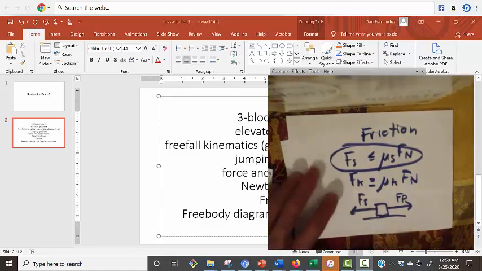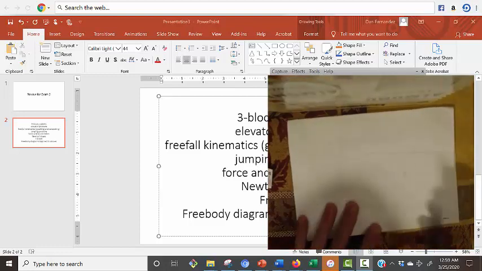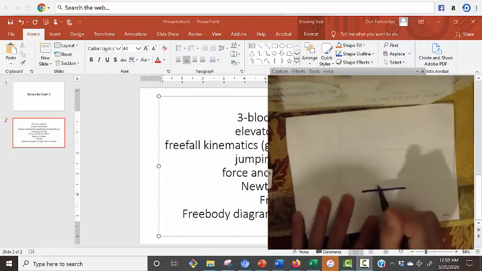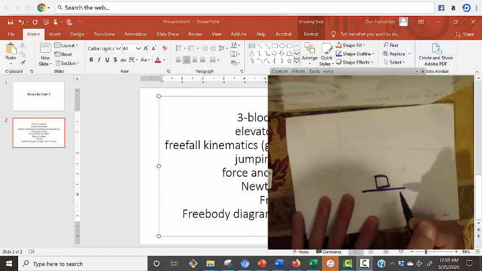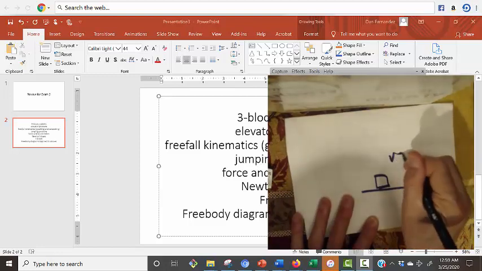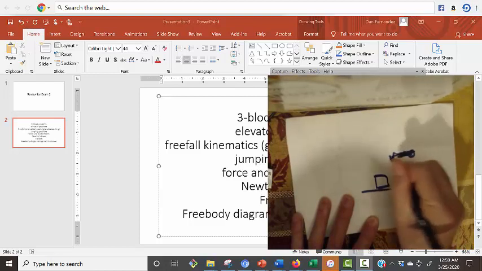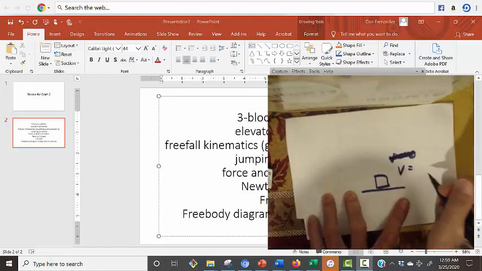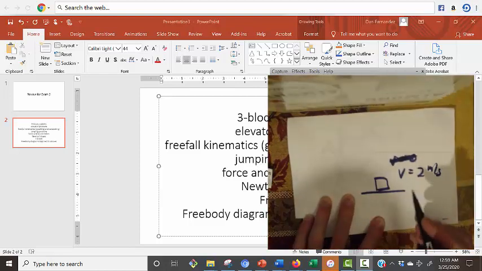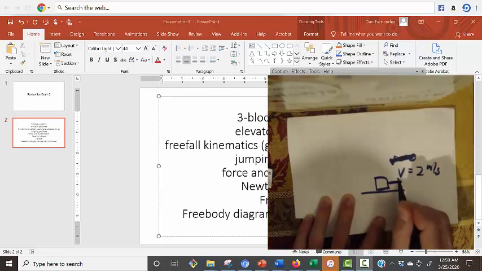And so what can you do with friction? Well, one of the things you can consider is, let's say you have an object here, and it's moving with some constant velocity, of whatever, 2 meters per second, 3 meters per second, it doesn't matter. And that you're pushing on it to maintain that motion.